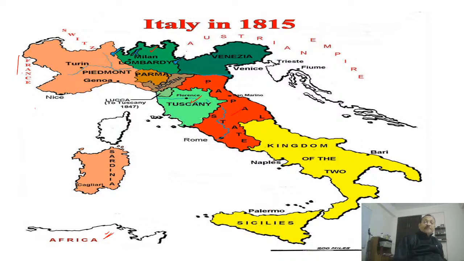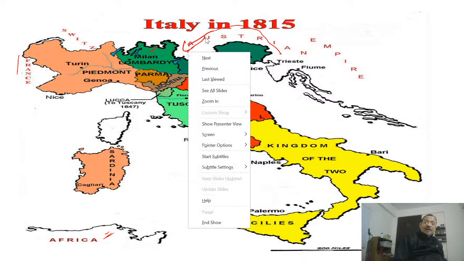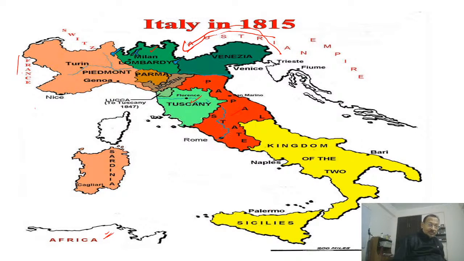So who appears to be the most powerful power? This is again the Austrian Empire, and sometimes beyond that also, in different parts. That is an important thing, and a significant part we find there.